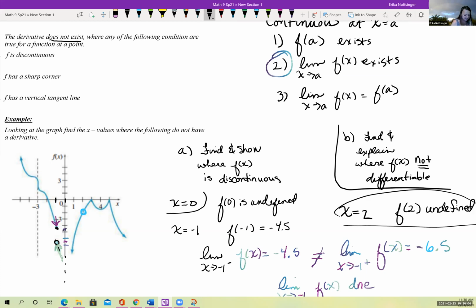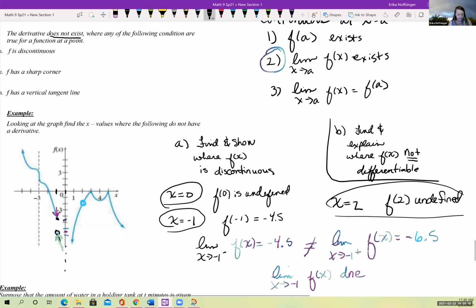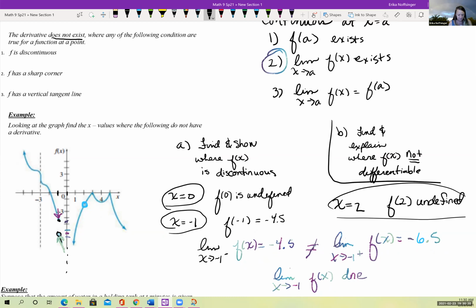So it's discontinuous at x equals 0 because of the vertical asymptote. Also, f of 0 is undefined. Your values of x are undefined on vertical asymptotes. And then x equals negative 1 because the limit didn't exist. The left-hand side and right-hand side were not the same values.